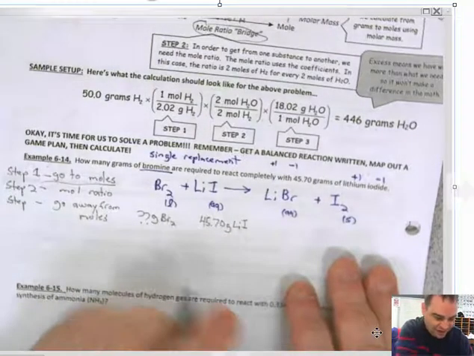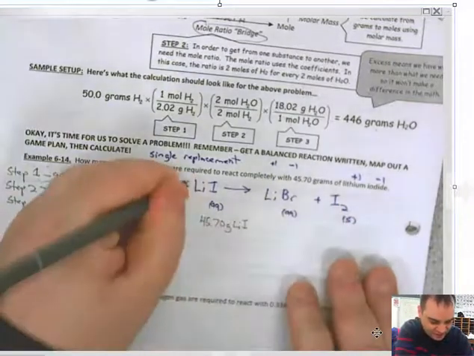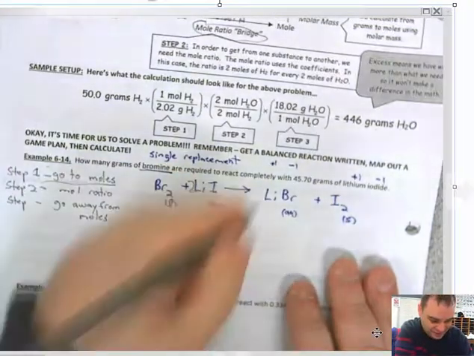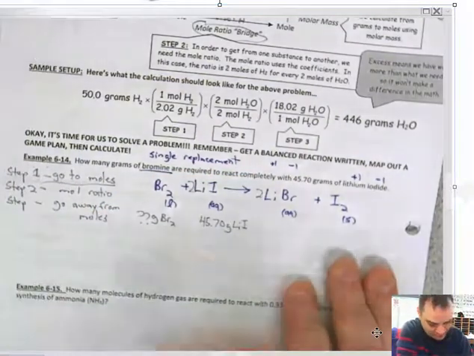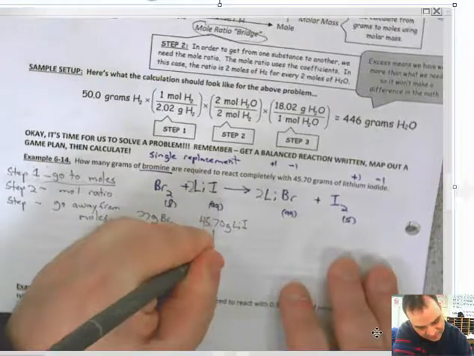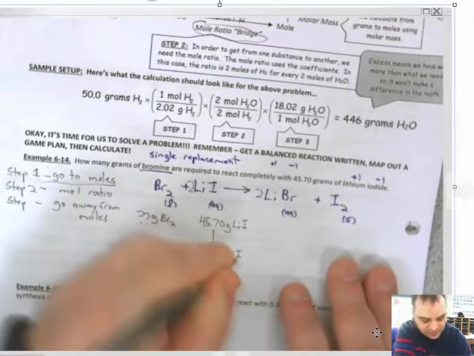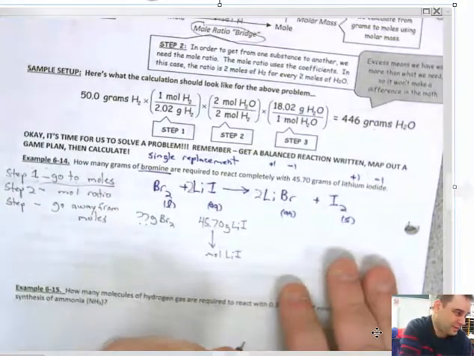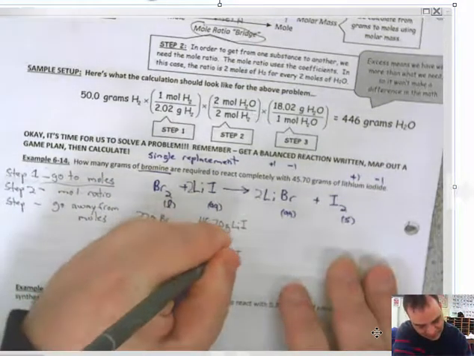Okay. And I didn't balance the reaction still. There's 2 iodines here, so I need to put a 2 here, correct? And I need to put a 2 there, correct? That's correct. So first step is to go down to moles of lithium iodide. You will do that with the molar mass of lithium iodide, right? Because you got to use molar mass here.